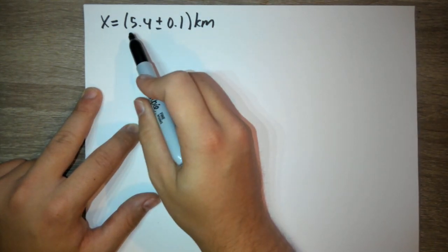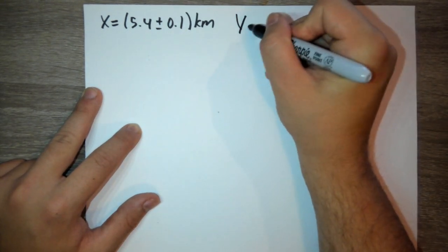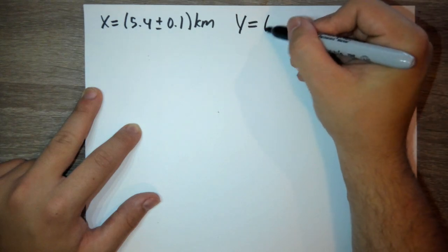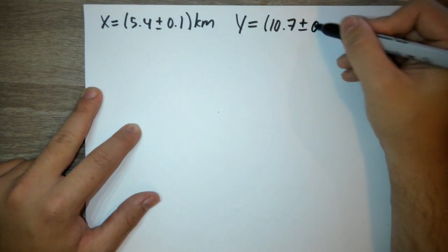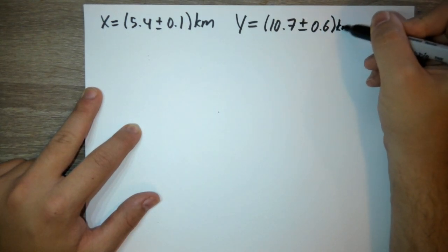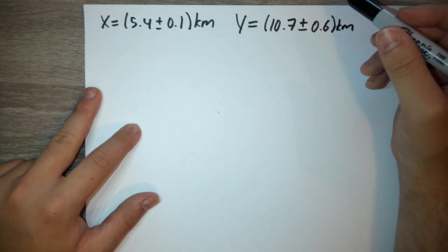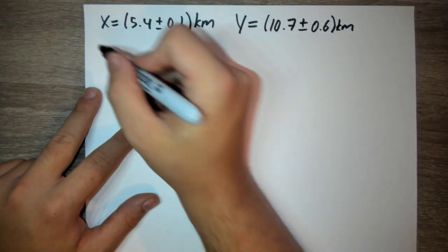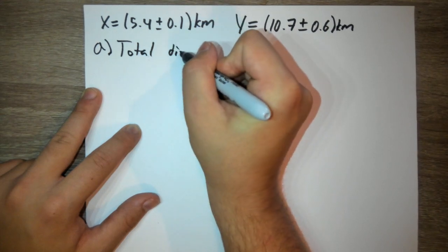So we got 5.4 kilometers plus or minus 0.1 kilometers. And then y we'll say is 10.7 plus or minus 0.6 kilometers. So let's calculate the total distance that this goes.